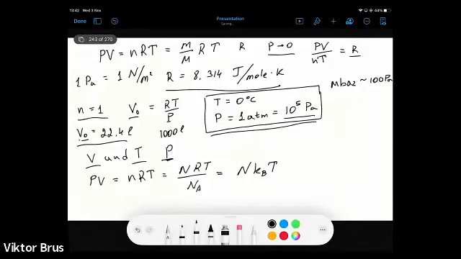So this constant k_B is the Boltzmann constant, and it is equal to the universal gas constant divided by Avogadro's number, and it is equal to 1.38 times 10 to the minus 23 joule per Kelvin.